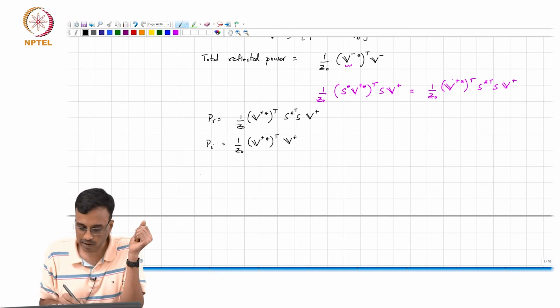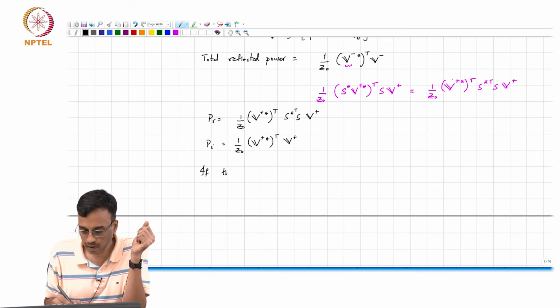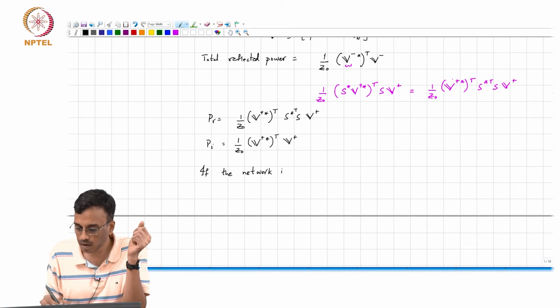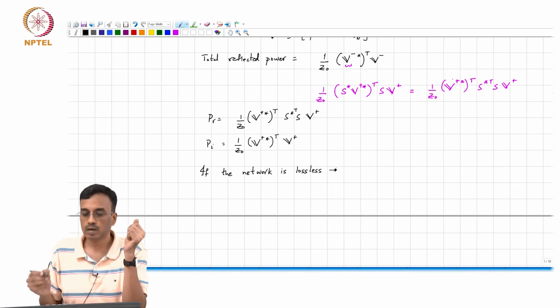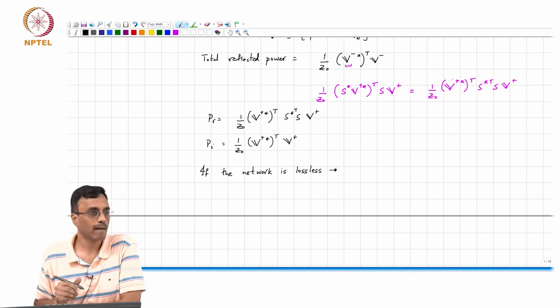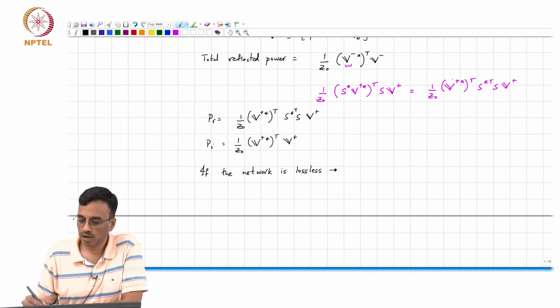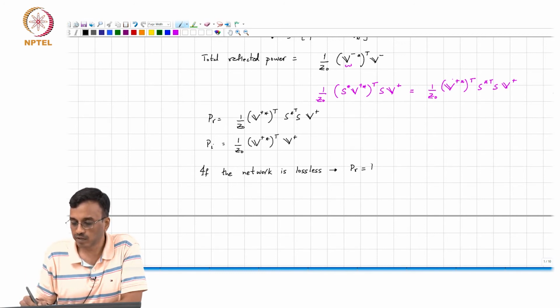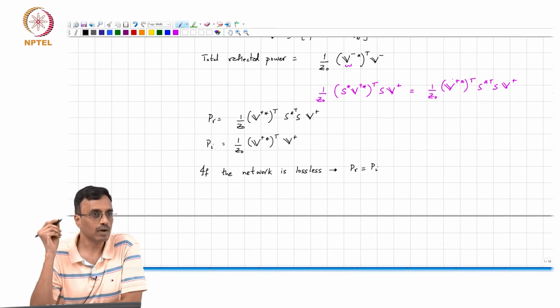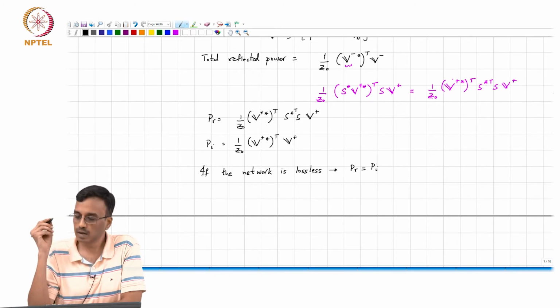So, if the network is lossless, then what comment can you make? The reflected power must be the same as the incident power, right.